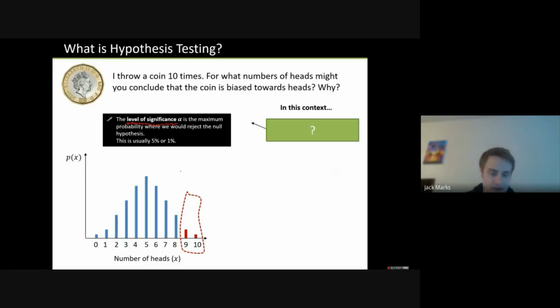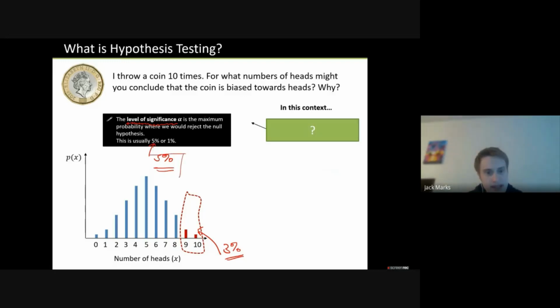So for example, if I have a significance level of 5%, now this is the really tricky bit, so bear with me a second. If we have a significance level of 5% and we do some testing, if this box here, the probability of 9 in 10, is less than 5%, so let's say maybe it's 3%. Let's pretend I've given you the number and I have told you that the chance that you get 9 or 10 heads when you flip the coin 10 times is only 3%.